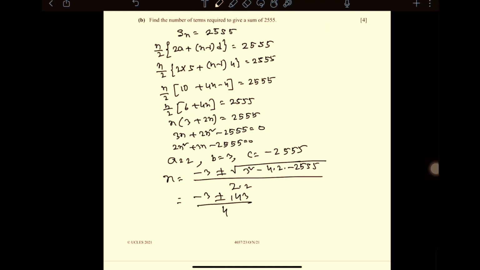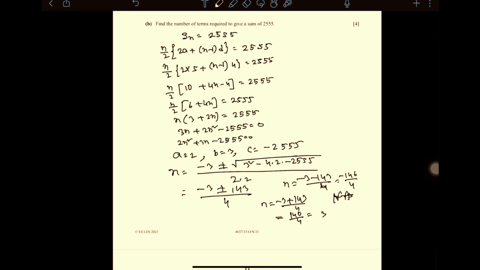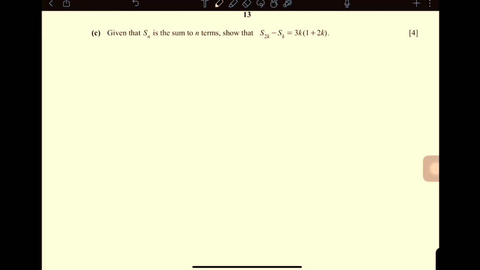So we can write here n equals to, this is not acceptable. Another one is n equals to minus 3 plus 143 divided by 4. So if we simplify the 12, 12, 4, 5. So n equals to 35.